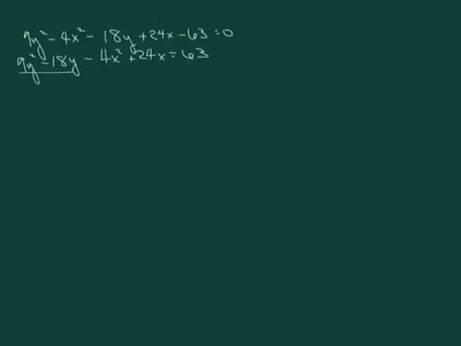Alright, now we're going to look at this. We're going to factor out a 9. And this one here, we're going to factor out a 4. Okay, now, look what happened.